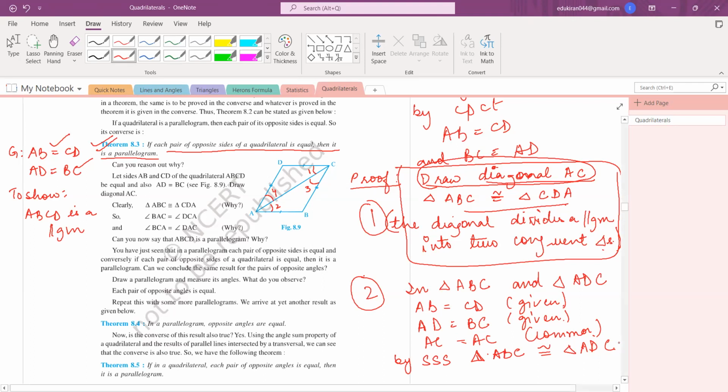Okay. So first write till here, then I'll proceed. It's not complete yet.